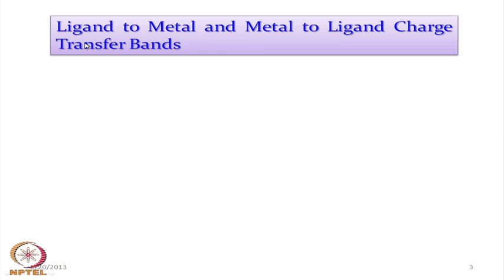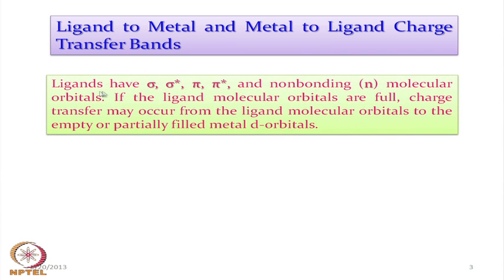In the first case, we have the ligand to metal and the metal to ligand charge transfer bands. We have different types of ligands, and if they are not single atomic, they can be multi-atomic, and we can have different types of electrons present, starting from sigma, sigma star, pi, pi star, and non-bonding molecular orbitals.